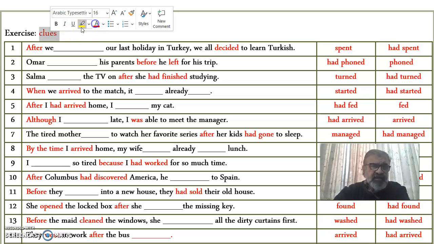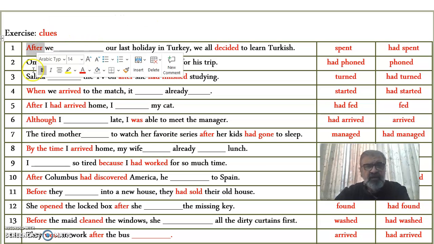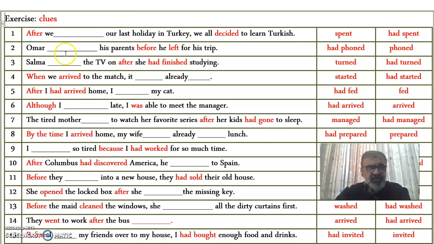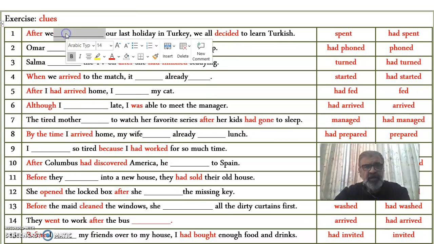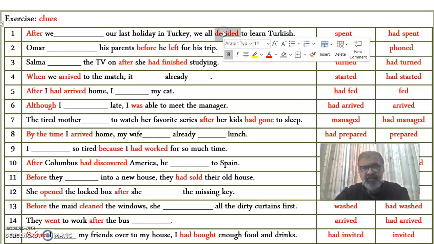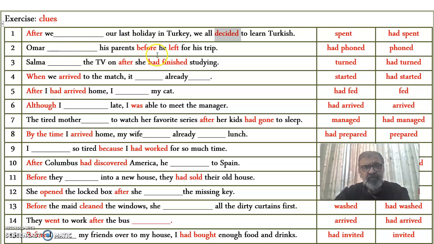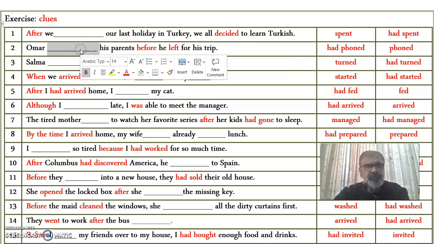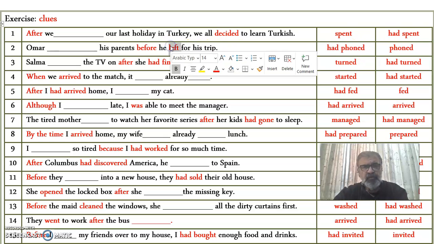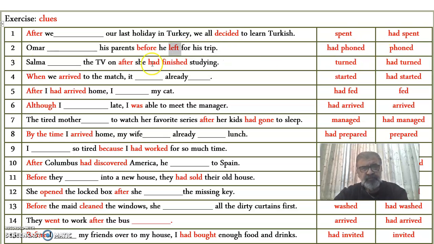Now, in this case, you're going to depend on the use of the link words or transitions. Now, after, followed by action 1, past perfect, had slept, had spent, decided, that's action 2. Umar, before, is preceded by action 1, had phoned, then followed by action 2.